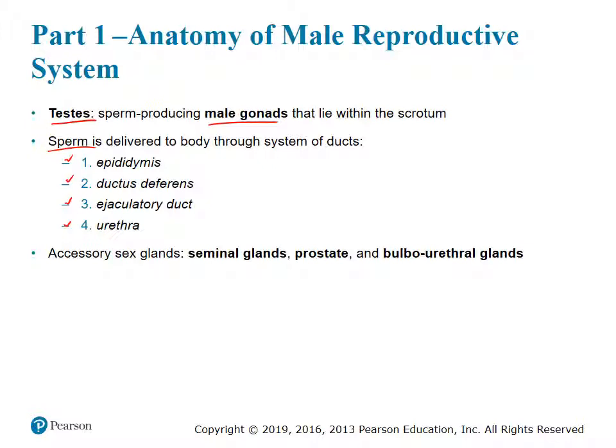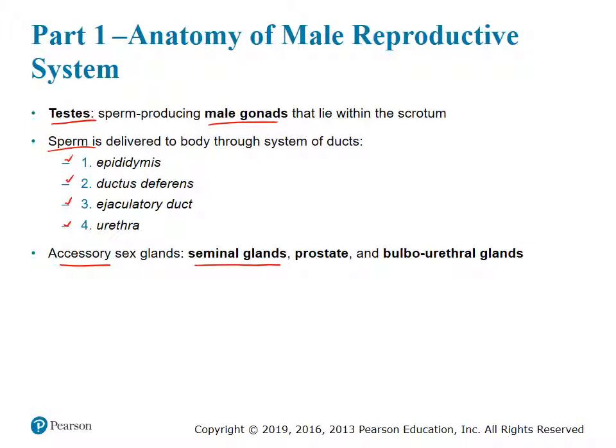And then we've got accessory sex glands, and these glands actually facilitate the travel of sperm, and also assist in keeping the sperm motile, alive, enough for it to finally reach a mature egg in the female and fertilize it, right?